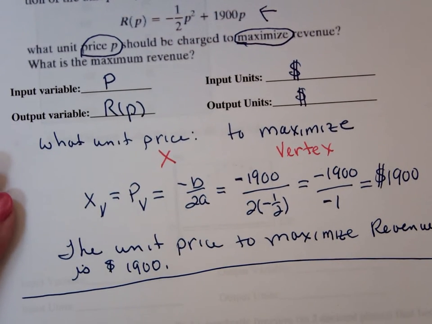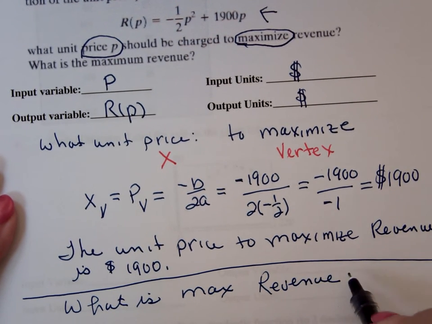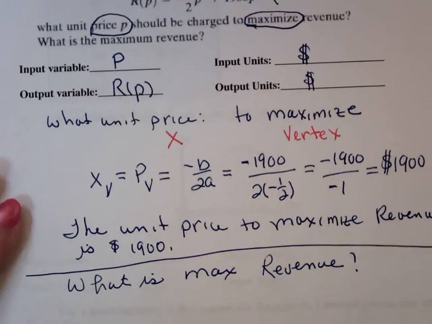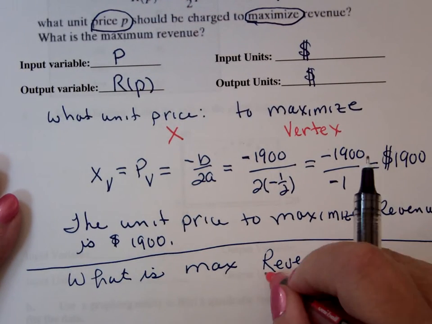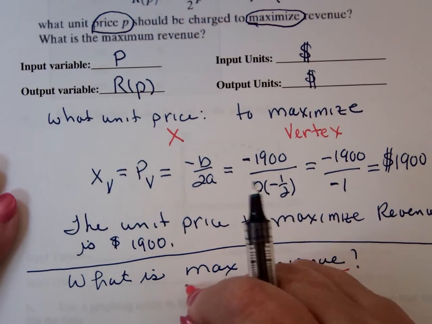Then it says, what is the maximum revenue? Well, max revenue is the y value. Maximum says vertex.